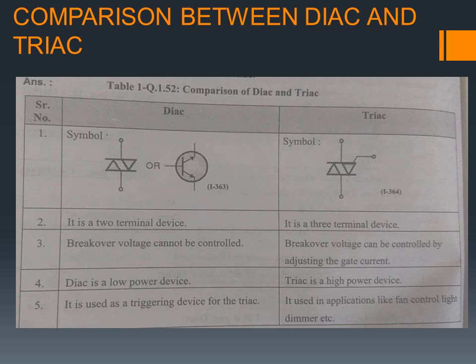Then the main comparison is that diac is a low power device which is used only for low power applications, whereas a triac is a high power device. The diac is used as a triggering agent for the triac, and the triac is used in applications like fan control, light dimmer, liquid level control, temperature control, phase control, etc.